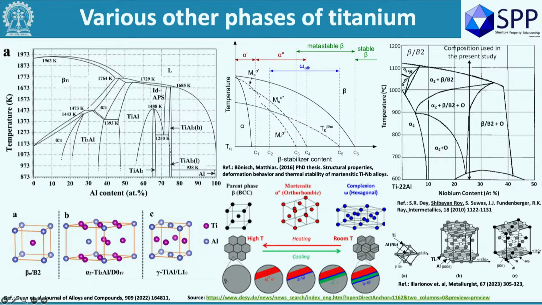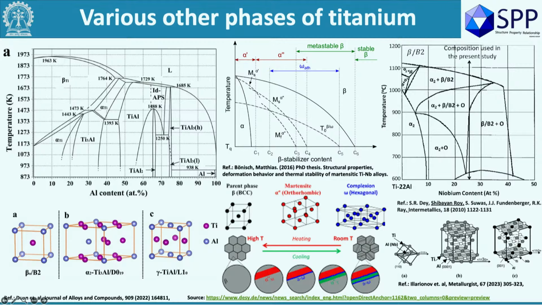If you move to the beta stabilizer side, again you start getting other phases, various martensites. Titanium forms different types of martensites. One is hexagonal martensite, one is alpha double prime orthorhombic martensite. Plus you have a very unusual phase called omega phase as well. That happens with specialized systems.